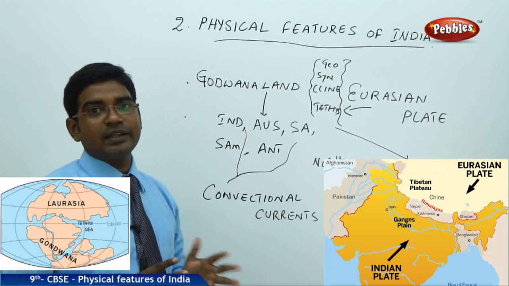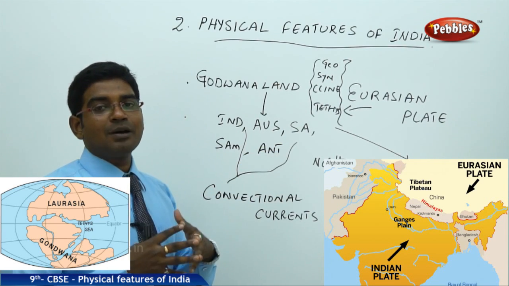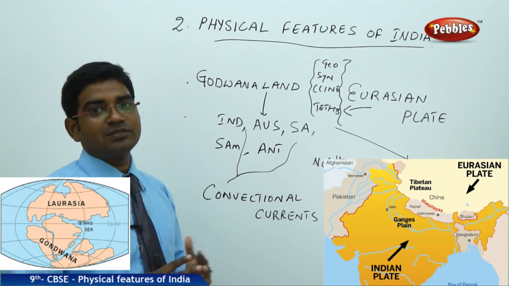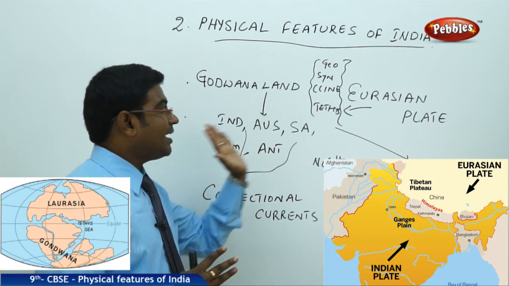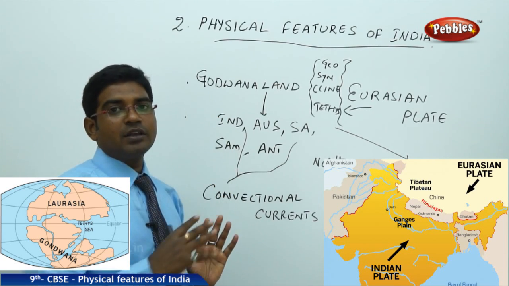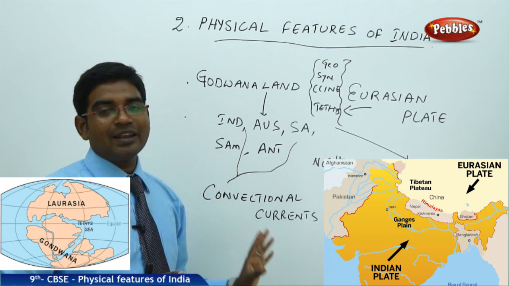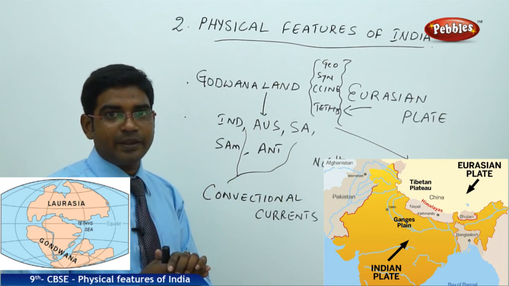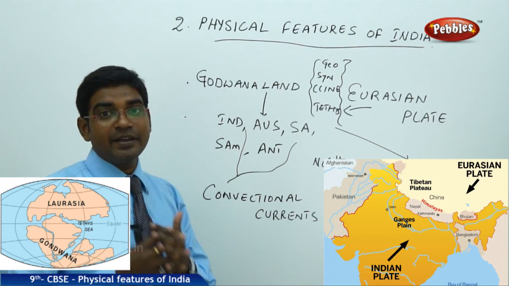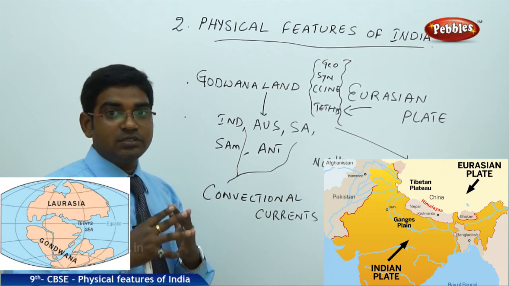In the northern direction, we have the Eurasian plate, comprising the Asian and European land masses of the present day. The Gondwana land plate is moving towards the Eurasian plate, which is already on the northern side. In the middle we have the geosyncline, the sedimentary rocks already present there, filled with the Tethys Sea.